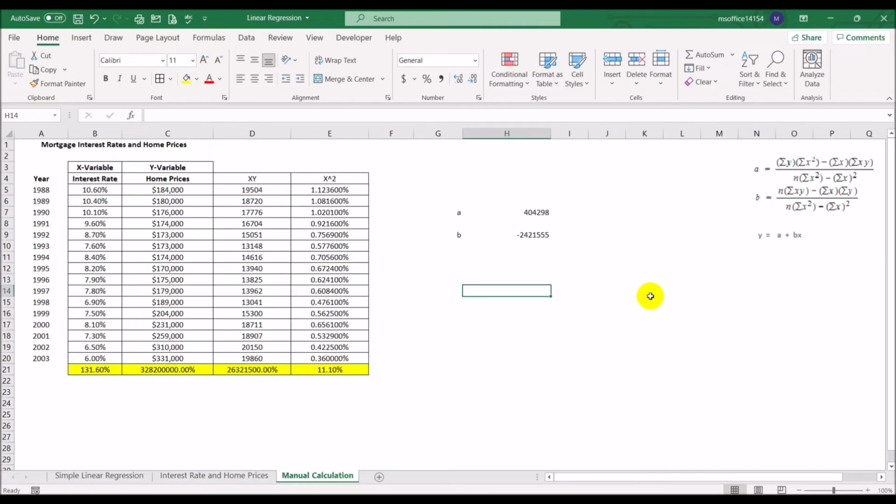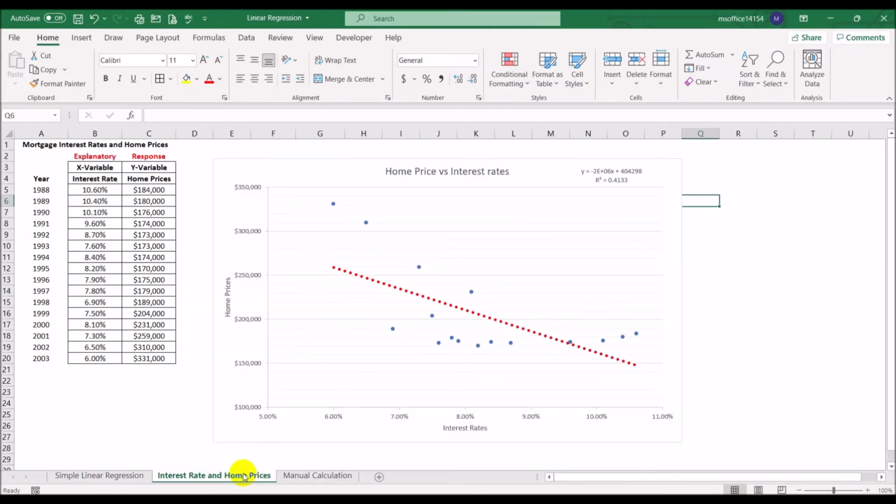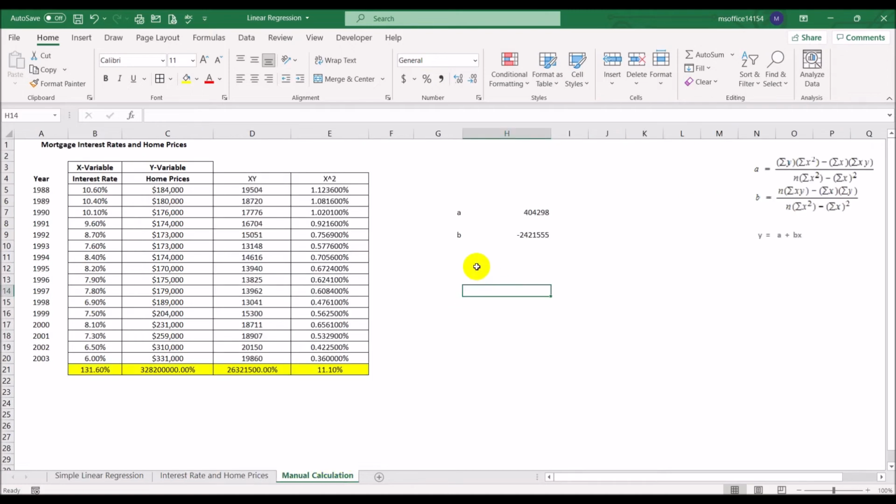Now let's see what the equation would look like.